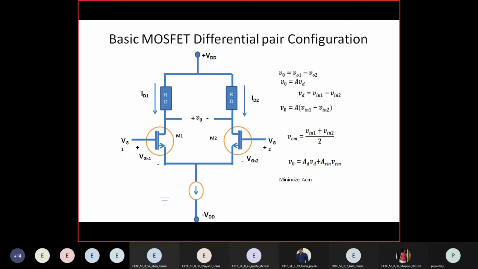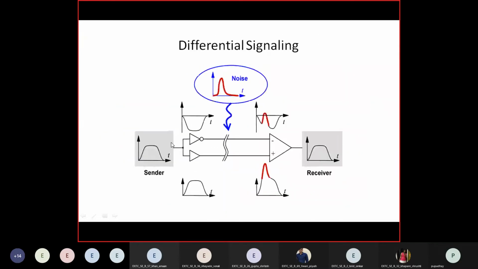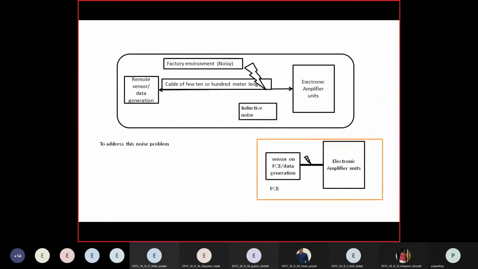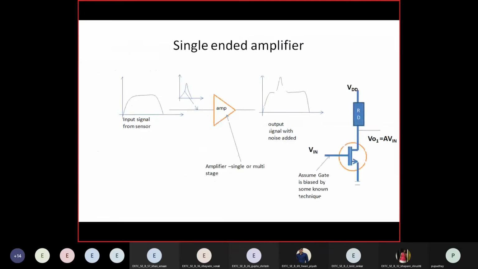You are aware there are two MOSFETs. Generally your single MOSFET amplifier looks like this. You have one input voltage and then there is one RD and a DC biasing VDD, and you can assume that your gate is biased and you apply input voltage here.